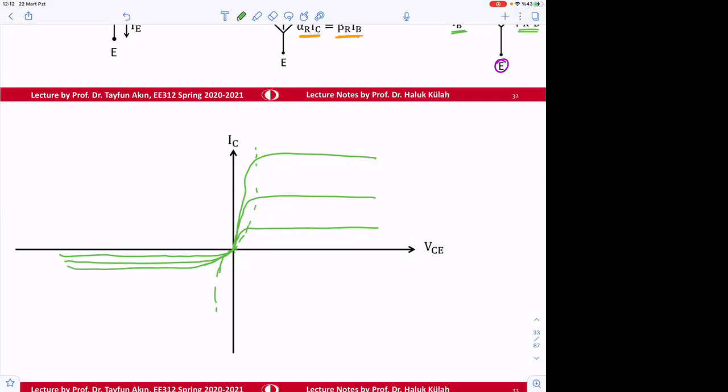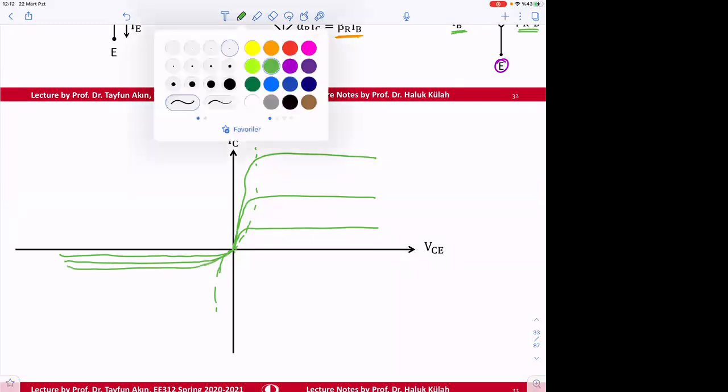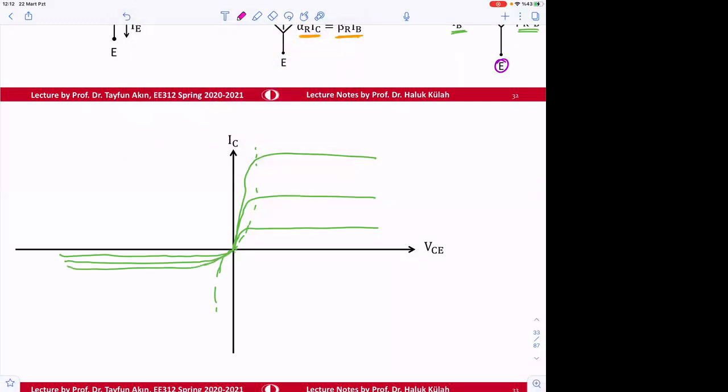Okay. So if this is I base 1, this will be beta forward times I base 1. And if that's the case, then this current is going to be 1 plus beta R times I base 1.